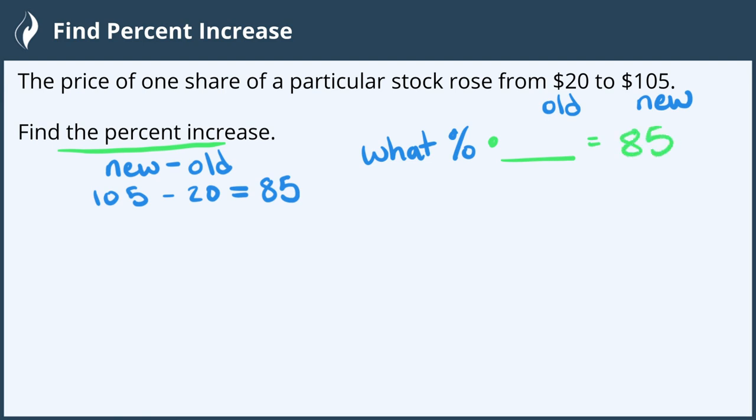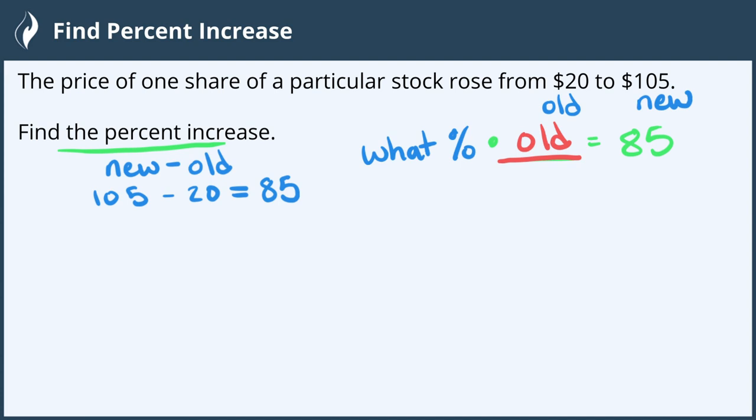Now, to find out what goes into this what of, we have two options, either the old or the new. The new one doesn't make sense because it hasn't increased, but the old one has increased. So what percent of the old amount gives us the increase?